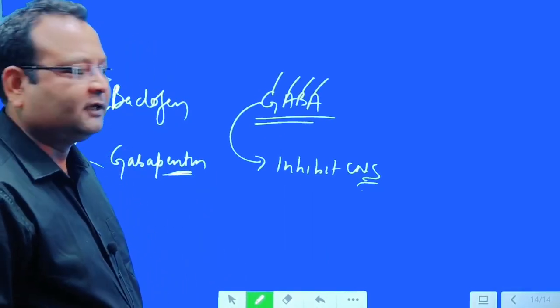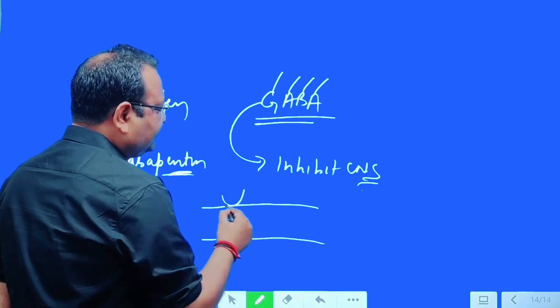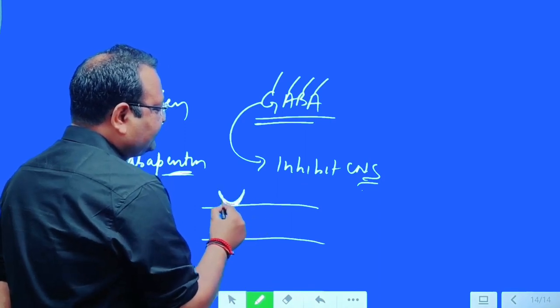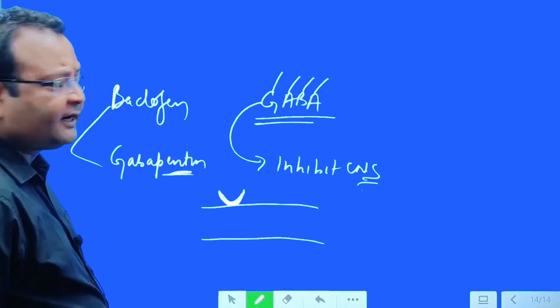So if this is a nerve and there is a receptor known as the GABA receptor, these are the GABAergic drugs.